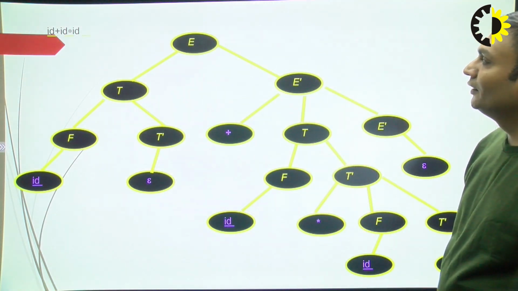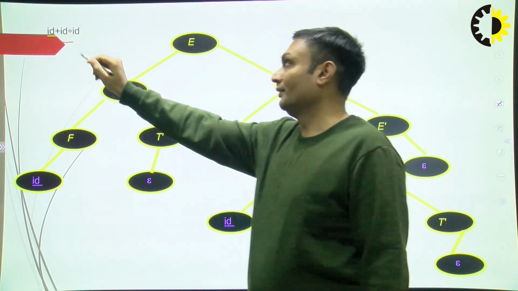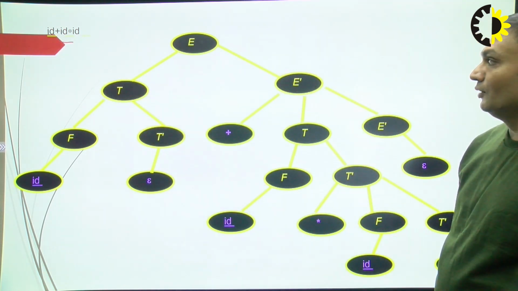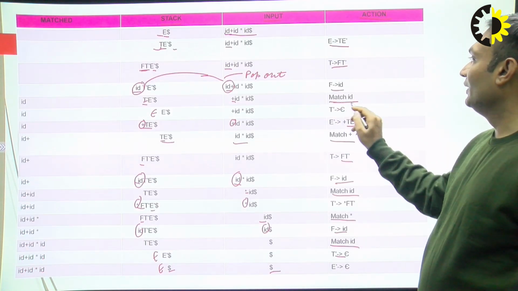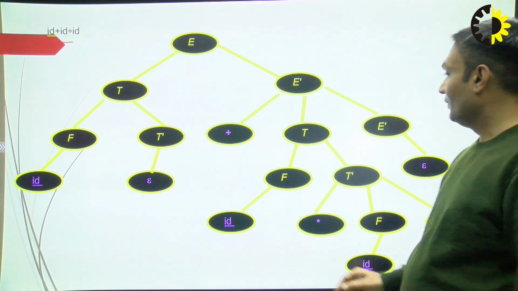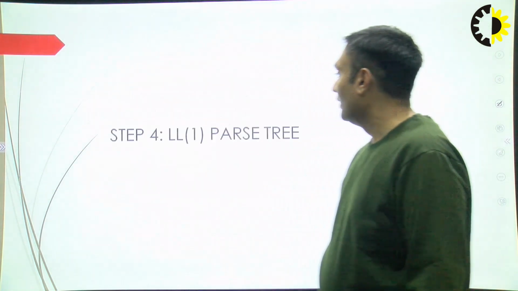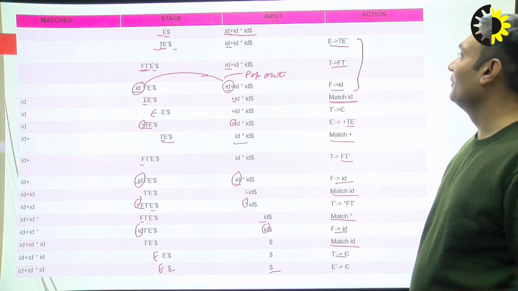So in this way, we can make the parse tree for the given string id plus id into id. So first we replace this with this id, after replacing these three terminals.